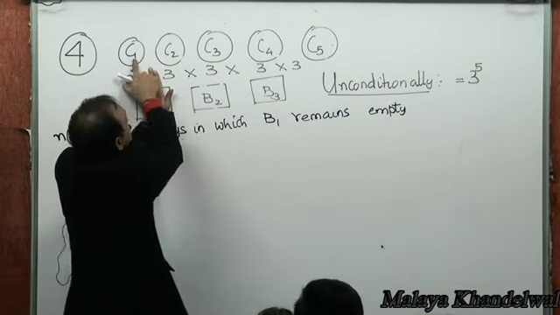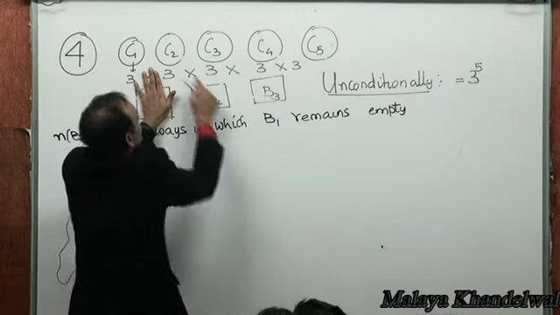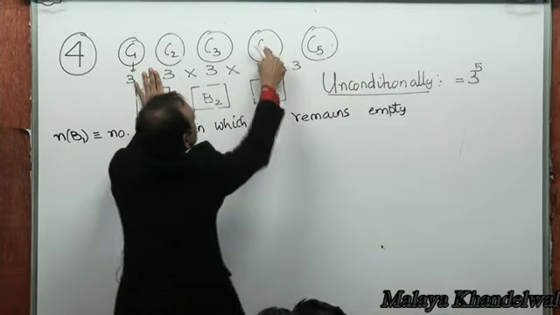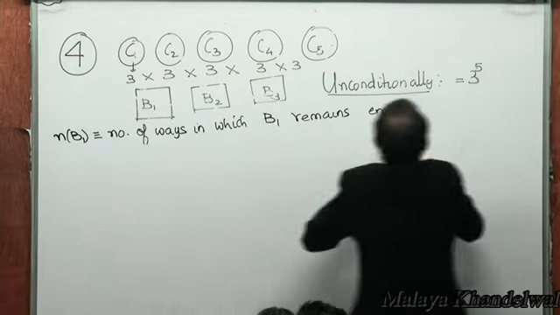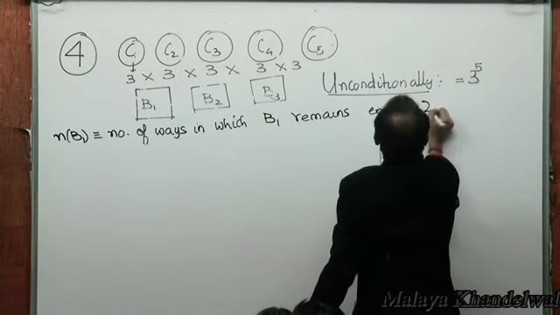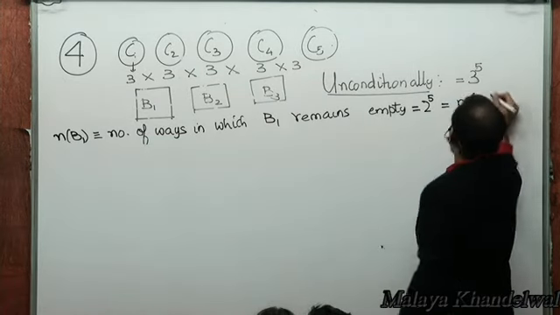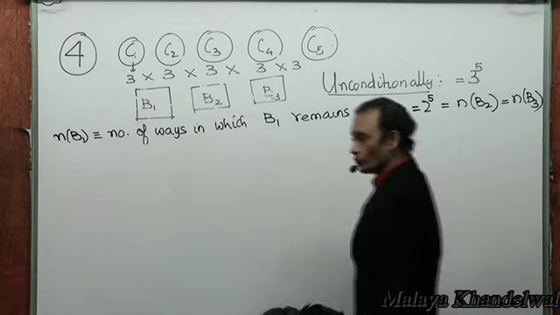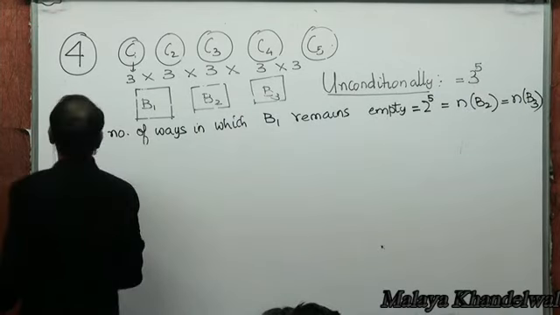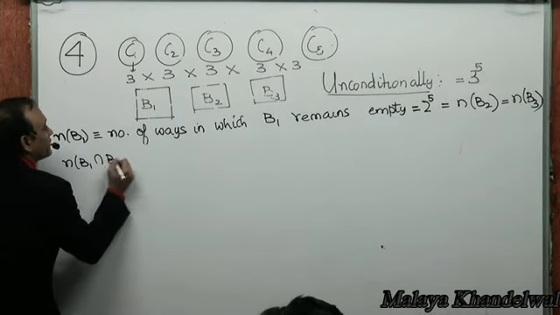So each of these balls could be arranged in two ways, in B2 or B3, C2 in 2 ways, C3 in 2 ways, C4 in 2 ways, C5 in 2 ways. So 2 into 2 into 2 into 2 into 2, that makes it 2 to the power 5. And is that also not equal to the number of ways in which B2 remains empty? Is that not equal to the number of ways in which B3 remains empty? Yes or no? Right?